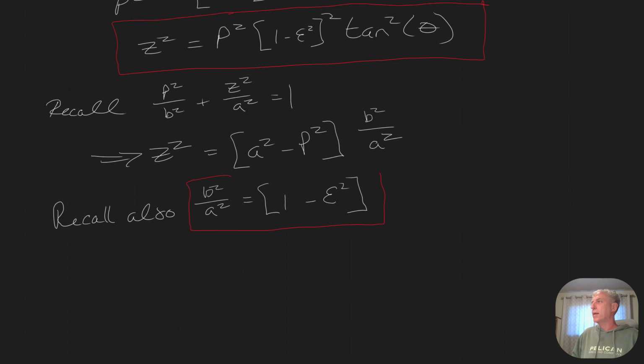We'll plug that in here to get z squared equals a squared minus p squared times 1 minus epsilon squared.